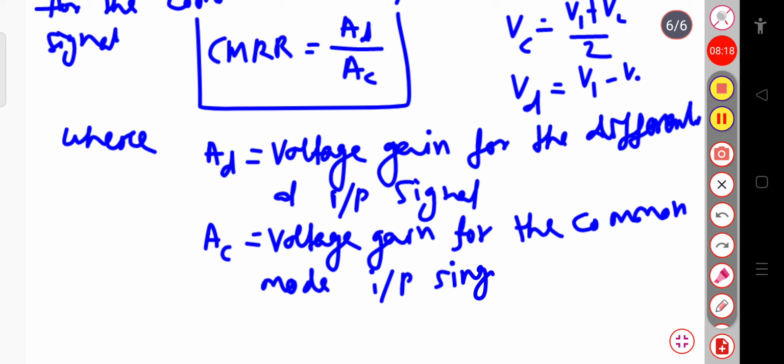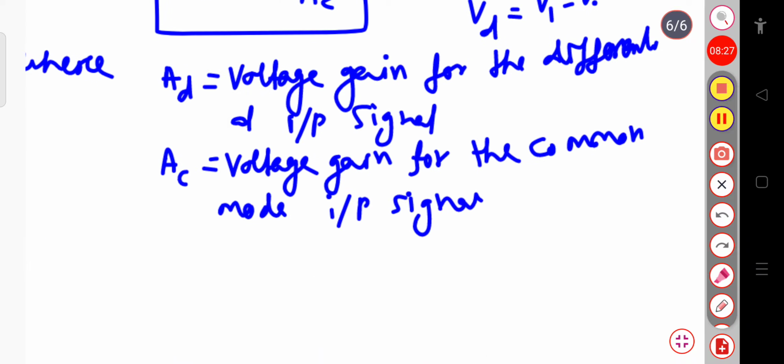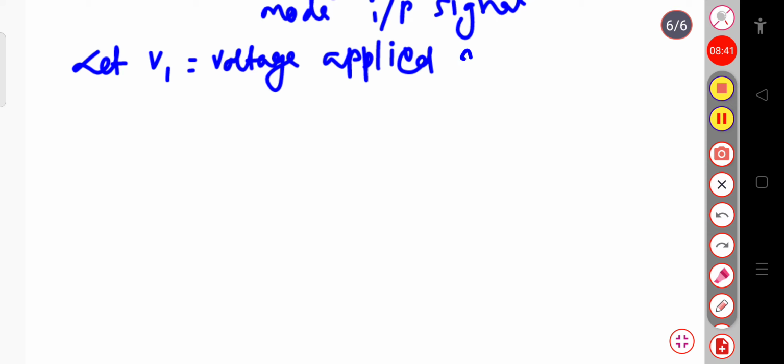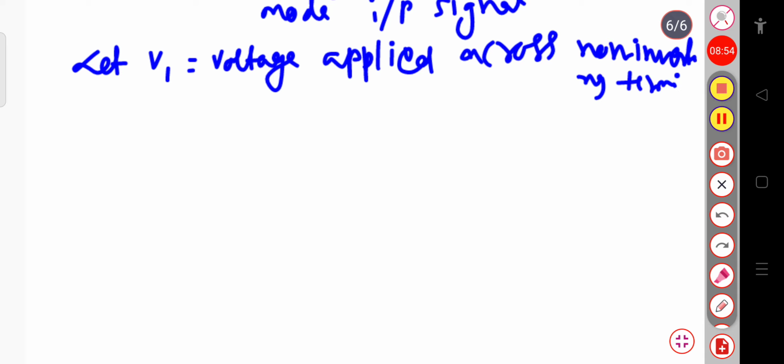Now let us consider V1 and V2. They represent the voltage applied across the non-inverting and inverting terminals respectively. Let V1 equal the voltage applied across the non-inverting terminal, and V2 equal the voltage applied across the inverting terminal.